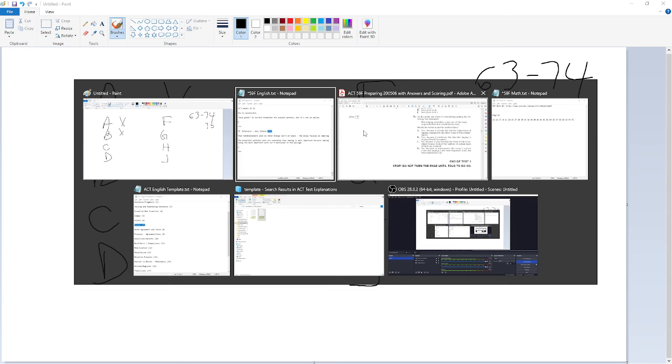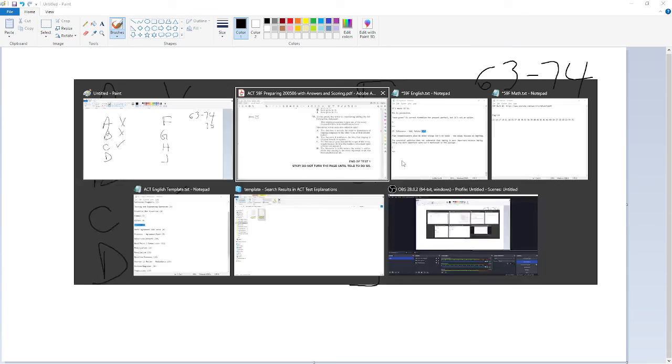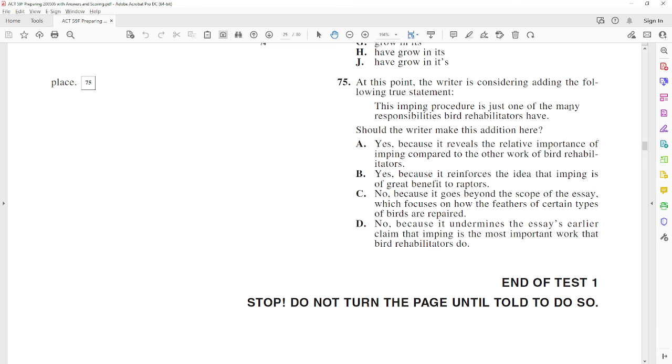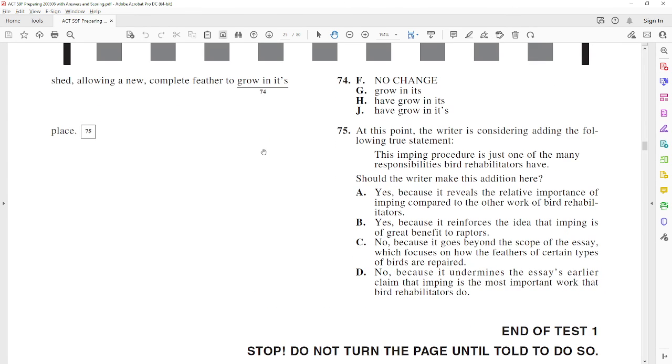It's one of the no's. Which no is it? No, because it goes beyond the scope of the essay, which focuses on how the feathers of certain types of birds are repaired. Well, C sounds pretty good to me. D, no, because it undermines the essay's earlier claim that imping is the most important work. Well, imping procedure is just one of many.